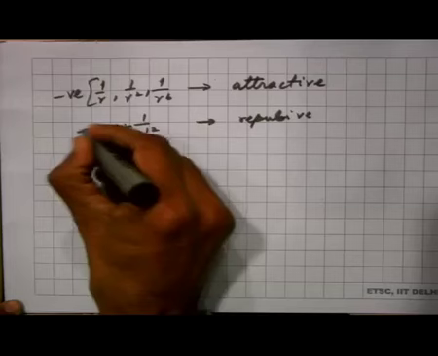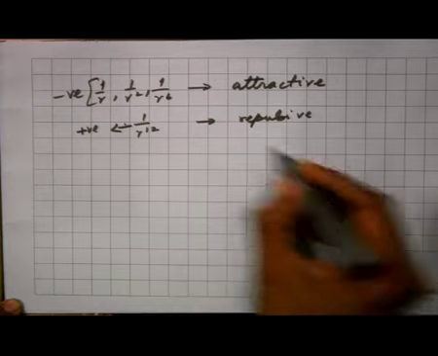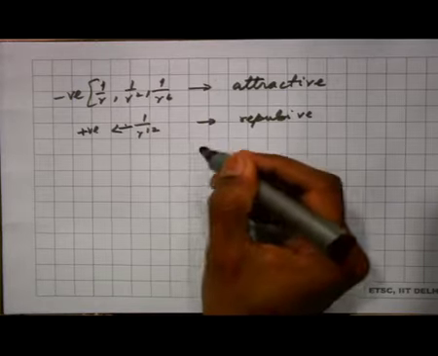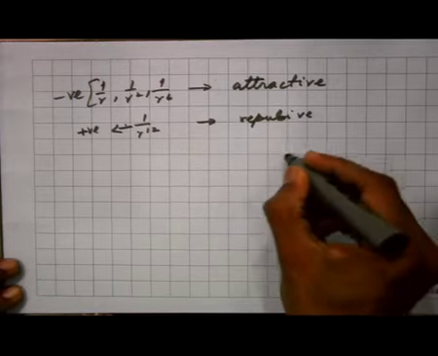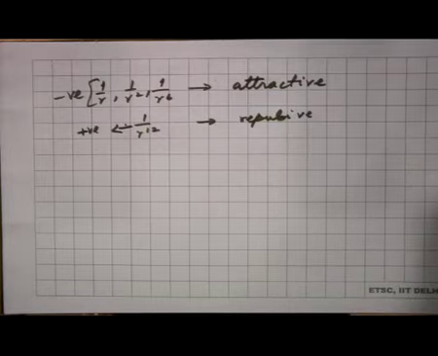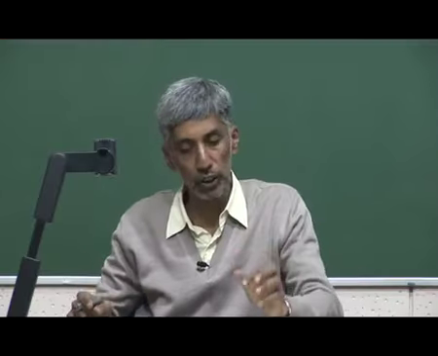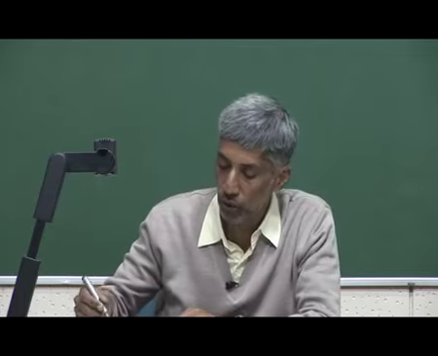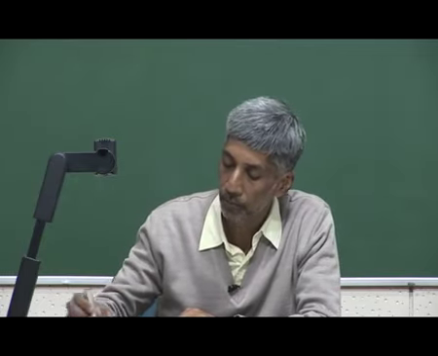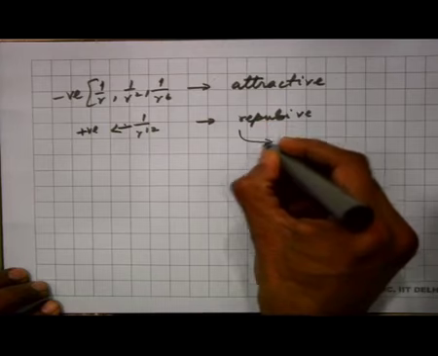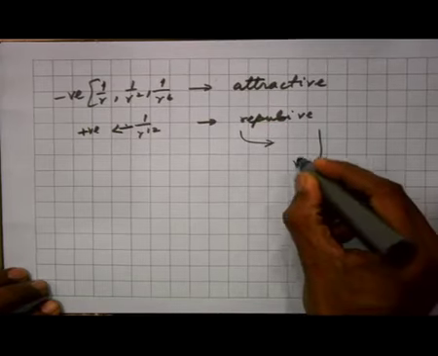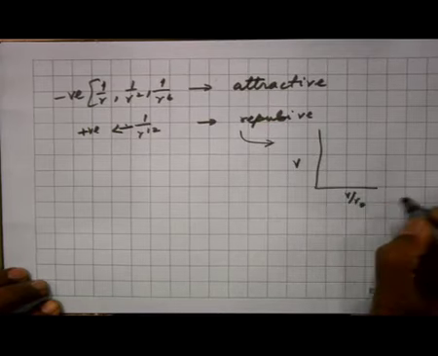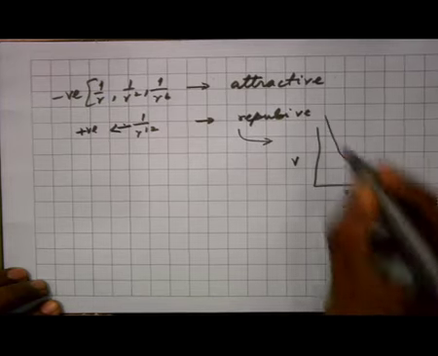So, this is positive. So, if I plotted this, r to the 12 is an example, it could be something else, it does not matter, but what it means is that it is even shorter range. So, at very short range, the repulsive forces will start to kick in. So, if I plotted this repulsive potential V as a function of r over r 0, it will go very steeply.